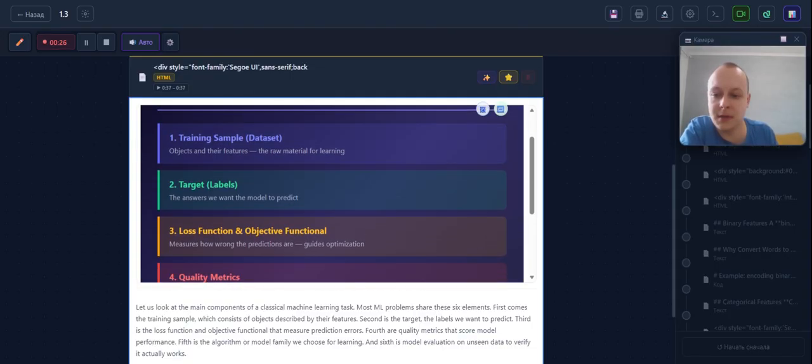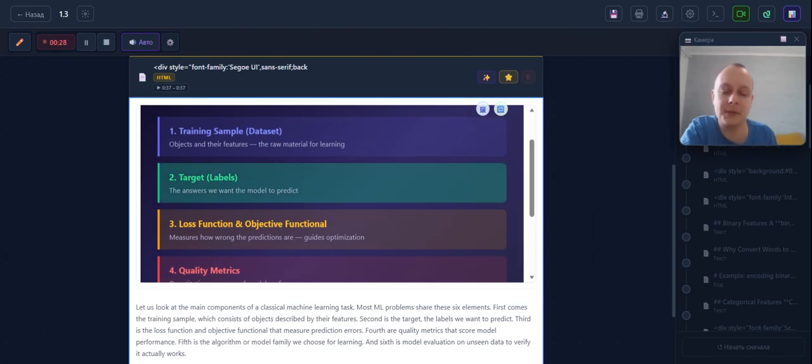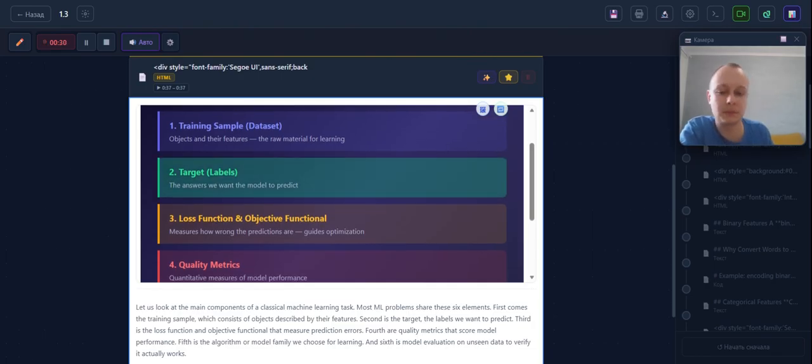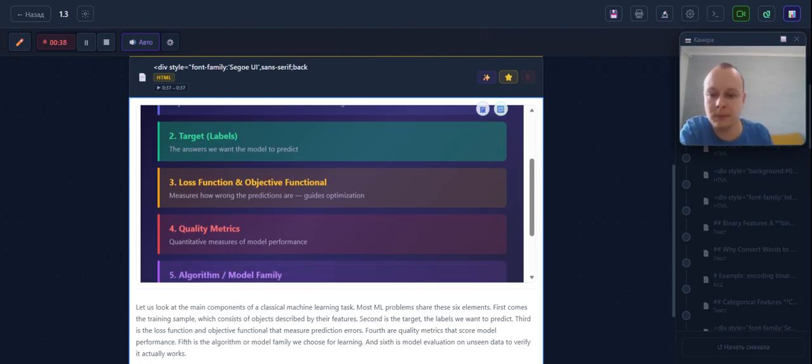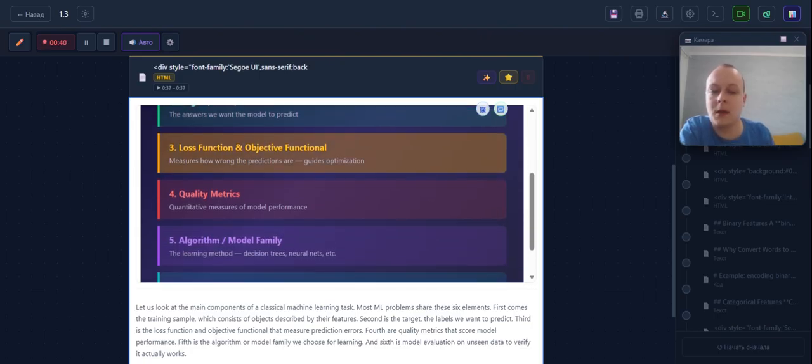Target or labels, these are answers we want our model to predict. Loss function is a measure of how wrong our model was from the right answer, and this guides our optimization process. Quality metrics, they measure of model performance.